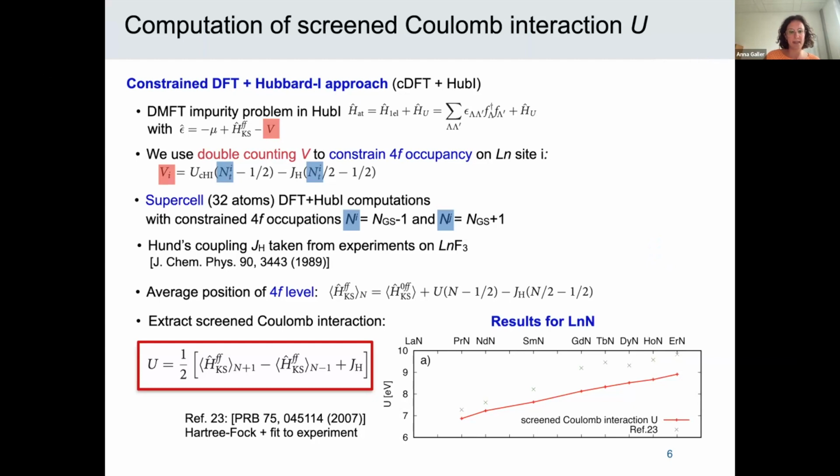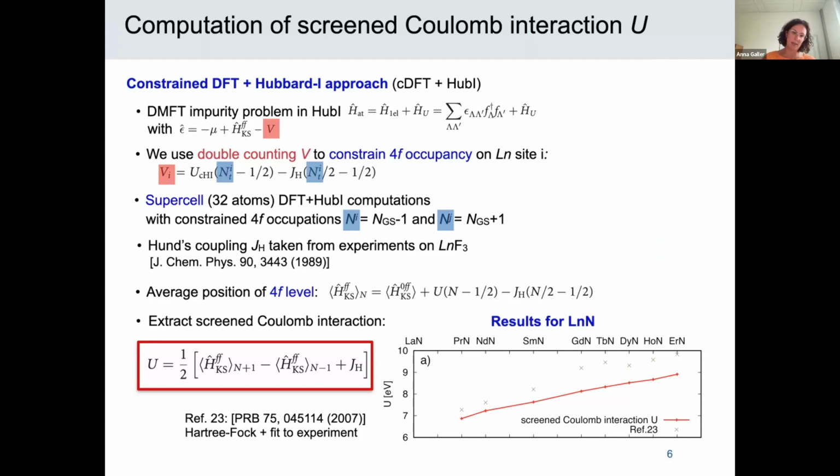And the Hund's coupling J, we did not compute from first principles, so we took it from experiment, which is justified because it's known that for the rare earth 4f ion, it's barely dependent on the materials.